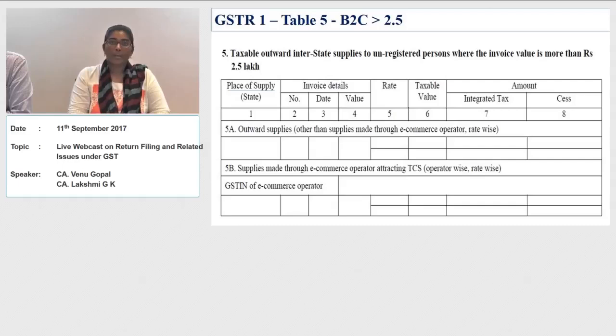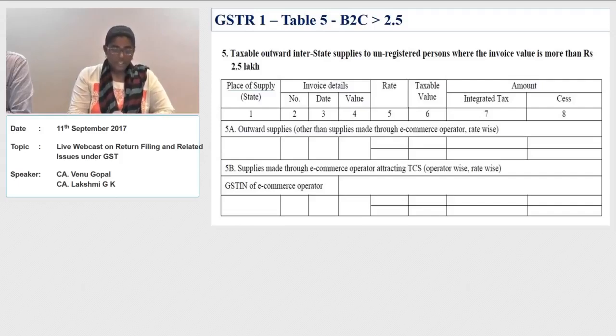And 5B covers, out of the 5A, how many transactions have been made through an e-commerce operator. Presently the e-commerce operator provisions have not come up, and even though you have done it through an e-commerce operator, you have to show everything under 5A only, because their TCS registrations are not yet open and will be open from 18th of September.